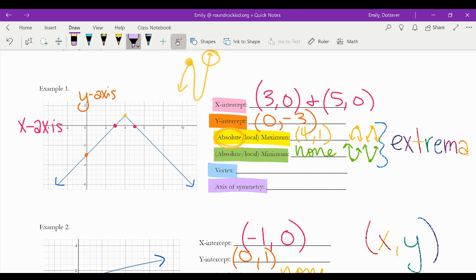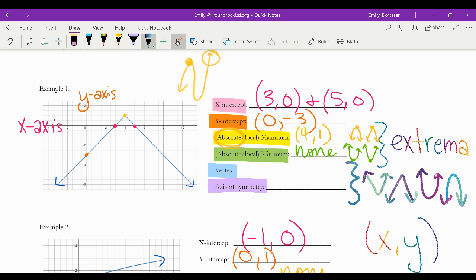With the vertex and the axis of symmetry, it depends on what kind of graph we have. These two will only be on absolute value, which is that V shape graph, or a quadratic, which is the U. So if it is not just a V shape or just a U shape, we don't have these two characteristics.